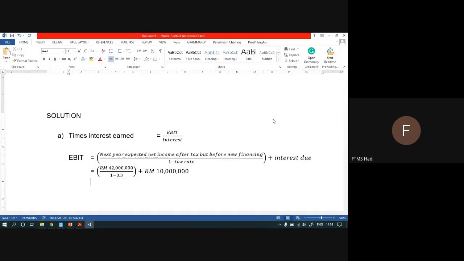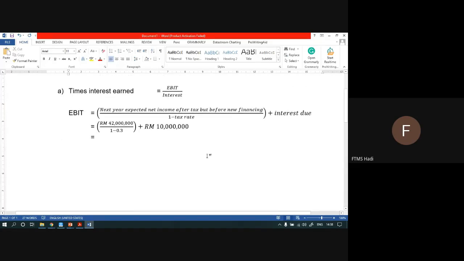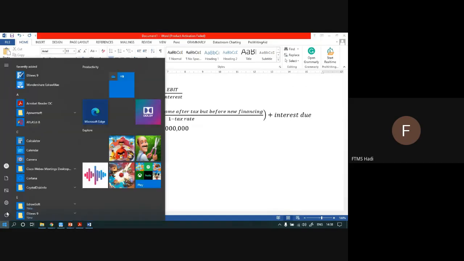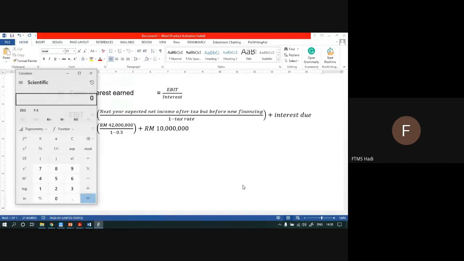Okay, so if you press calculator, you will get 42 million divided by 1 minus 0.3, which is 60 million, plus 10 million.